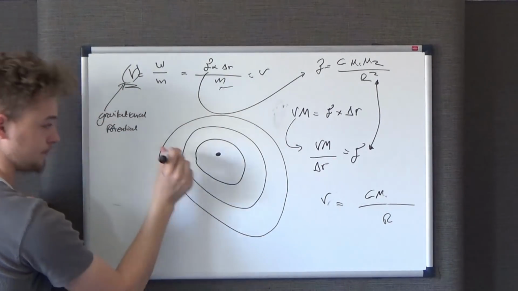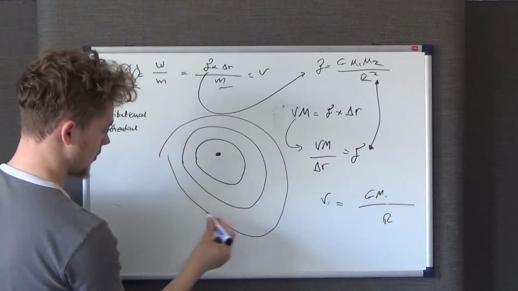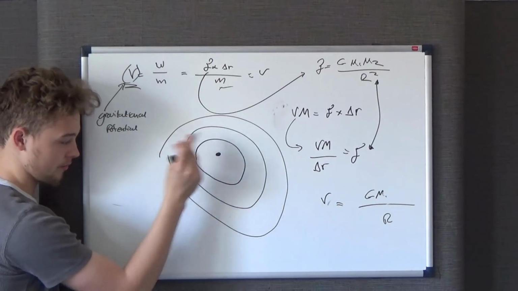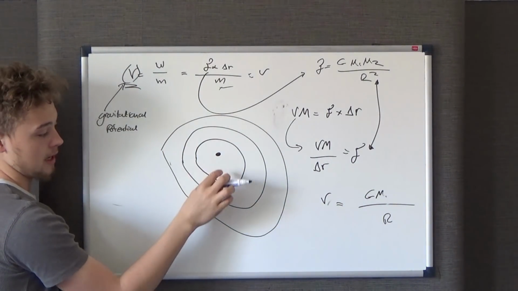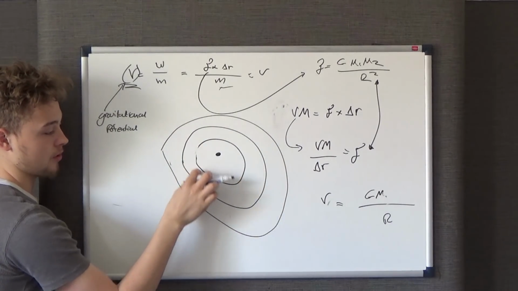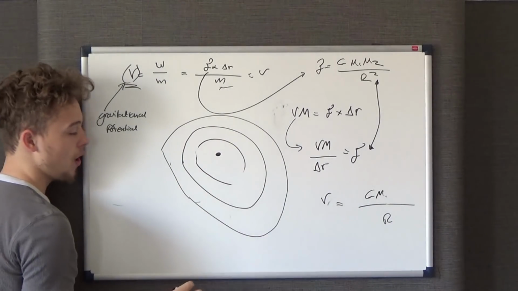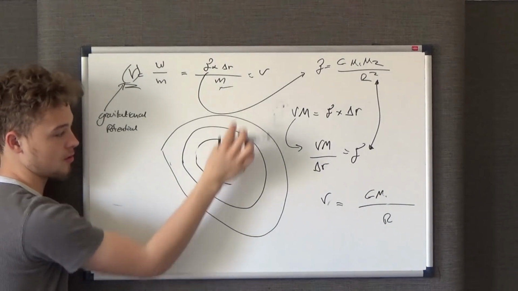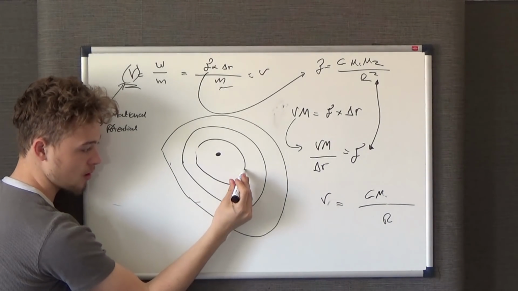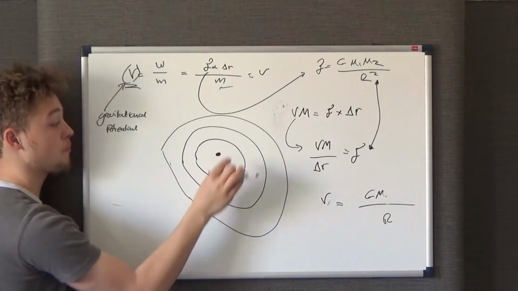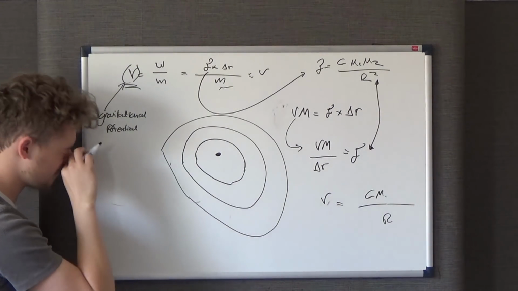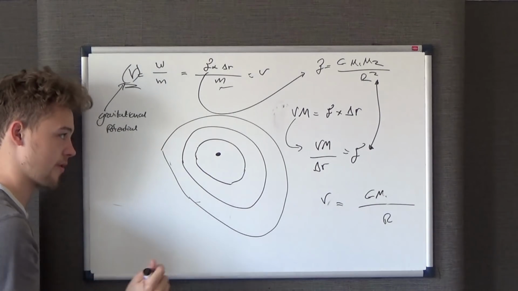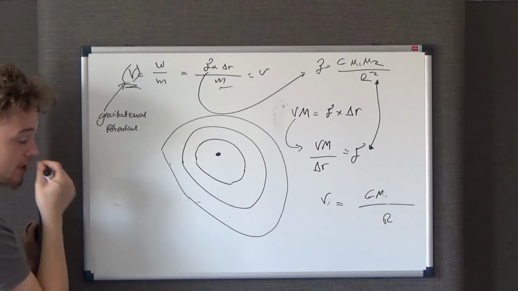But anyway, on this circle, if I haven't really drawn it that well, but you get the idea, all the points along the circumference of each circle are the same distance away. Obviously for different circles it's different, but if you choose one circle, any point on its circumference will be the same distance away from the planet. If it's not, that's because I've not drawn this very well, but that's the principle.